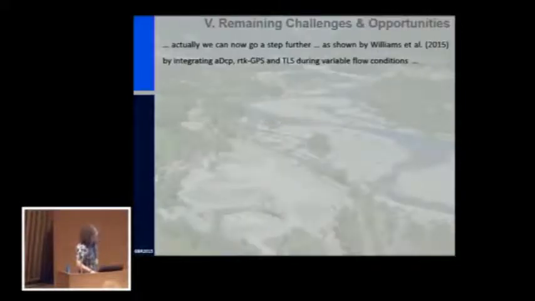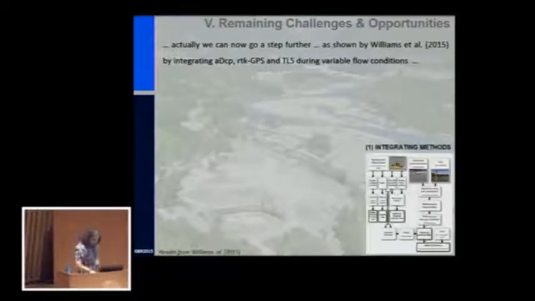So yes, we have improved a lot, and that's an example that Richard Williams and colleagues recently published, integrating ADCP measurements, bed velocity measurements, RTK GPS, and TLS during variable flow conditions in the river as well. So this is the diagram; I will not go further here.